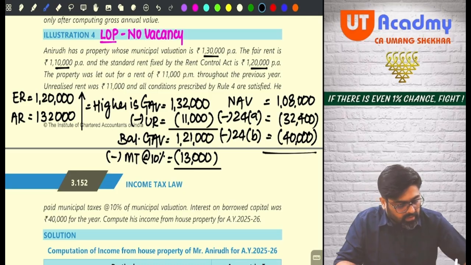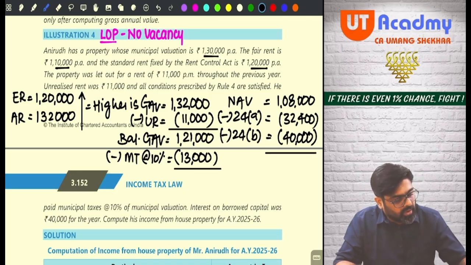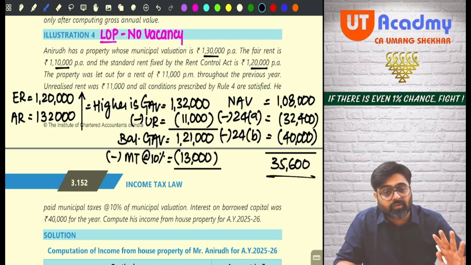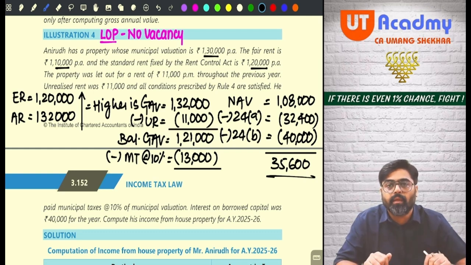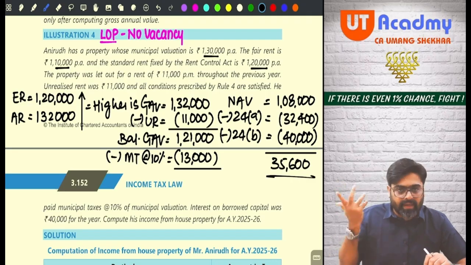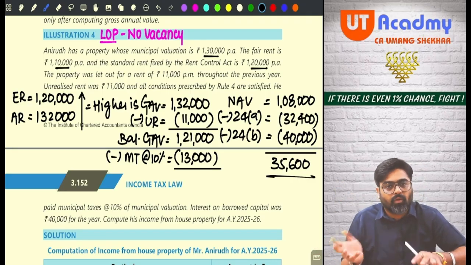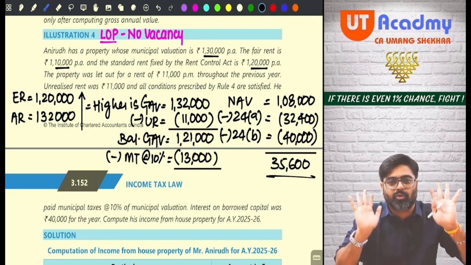Entire amount will be allowed as a deduction. So if I reduce 40,000 also, I will get final answer 35,600. Can I say this is the taxable positive income? This is taxable income from this house property. And since Anirudh does not have any other house property, so whatever taxable income of this house property is there will be the taxable income under the head house property also.